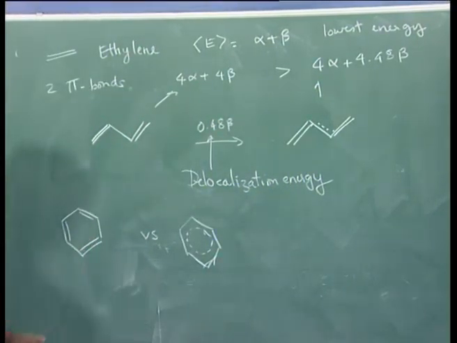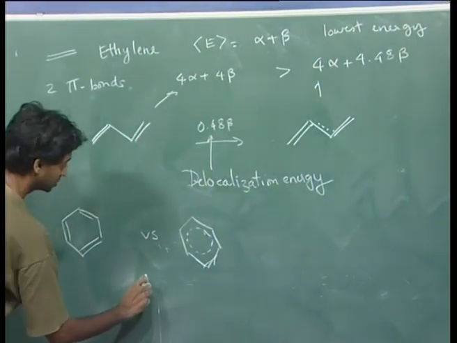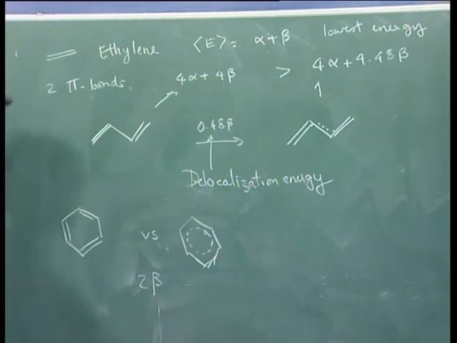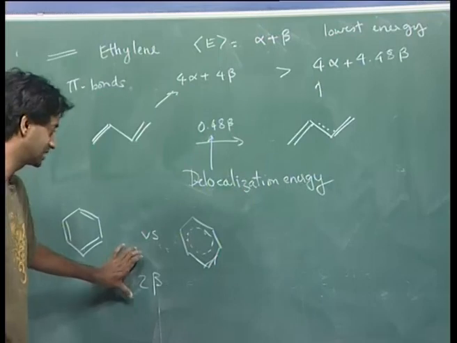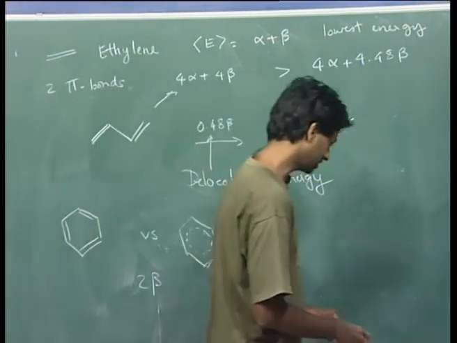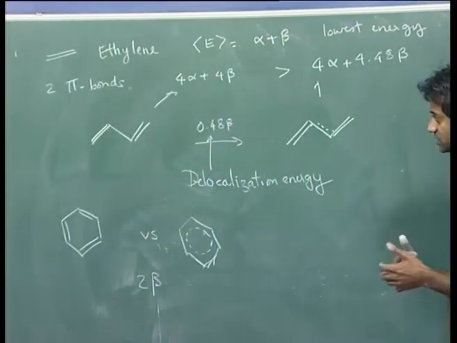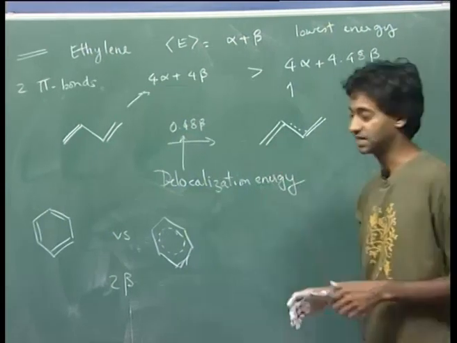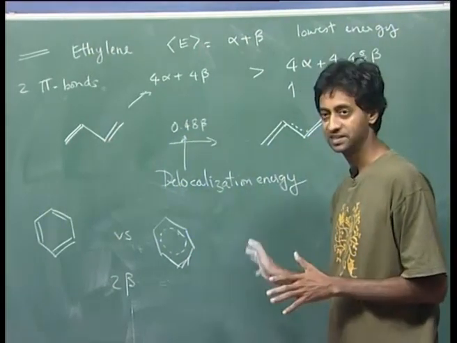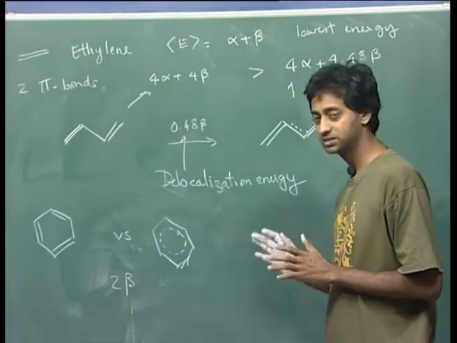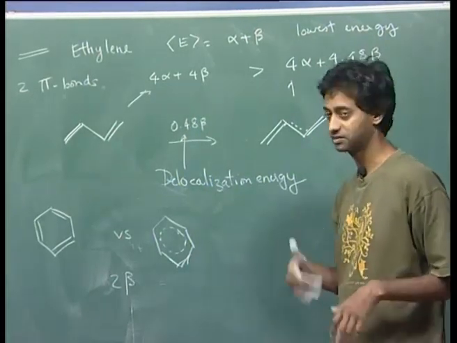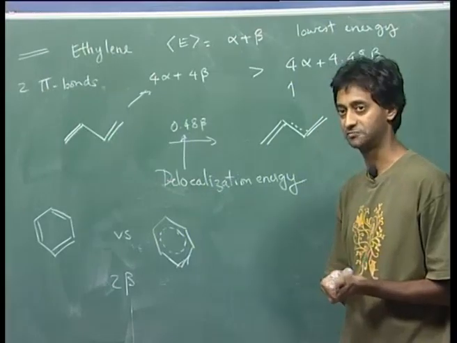In this case you will get a stabilization of 2 beta, and so benzene has a very large delocalization energy. So this is a simple application of the idea of determinants and linear algebra, and this completes the linear algebra part of this course, and starting from the next lecture we'll start differential equations.